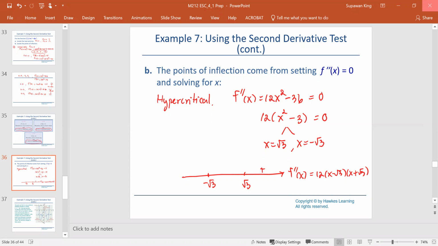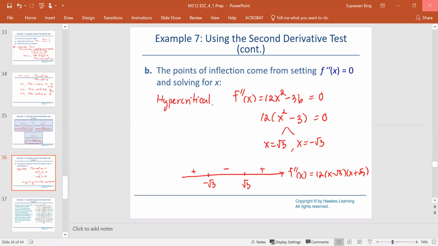Any value in between negative square root 3 and square root 3, for example 0, gives a negative sign. A value less than negative square root 3, for example negative 2, on the left side gives a positive sign. That means the sign switches at both hypercritical values, so both of them give you an inflection point.